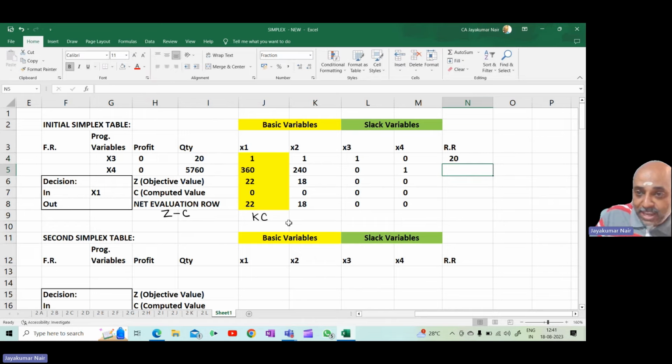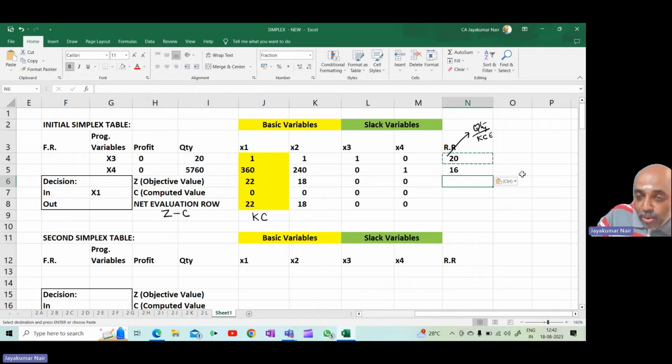So how did I get this 20? It is the quantity divided by the key column element. So 20 divided by 1, and then 5,760 divided by 360 will give you the other.